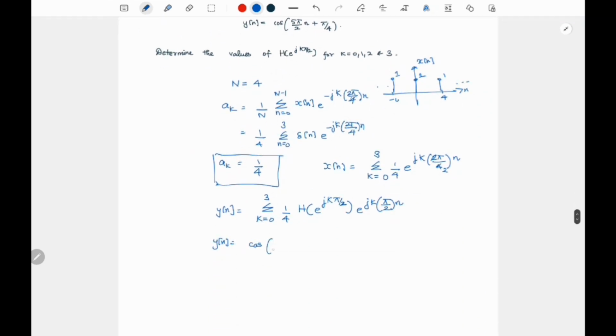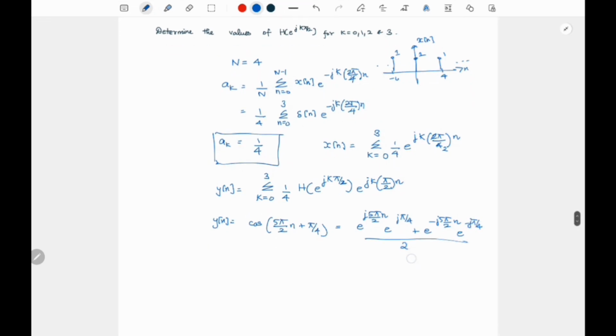So cos 5 pi by 2n plus pi by 4 is nothing but e power j 5 pi by 2n into e power j pi by 4 plus e power minus j 5 pi by 2n into e power minus j pi by 4, all over 2.